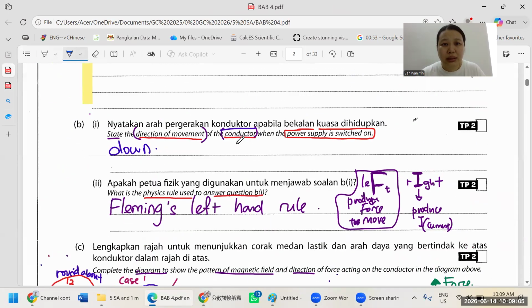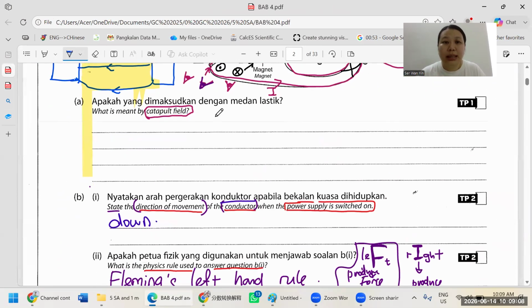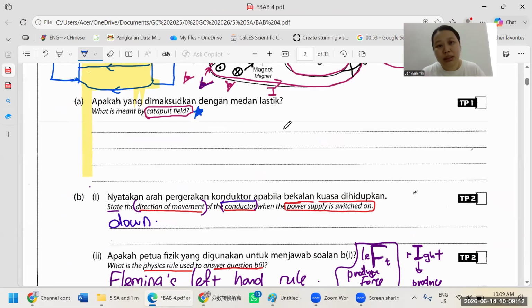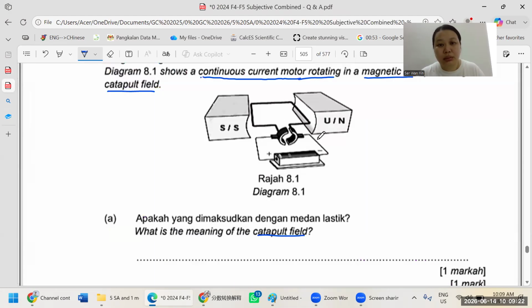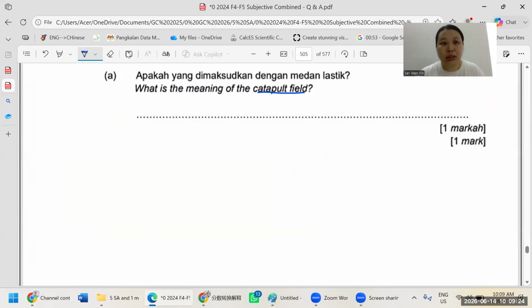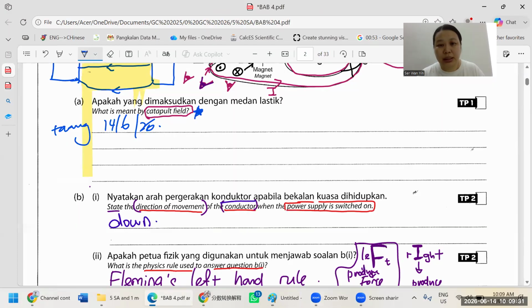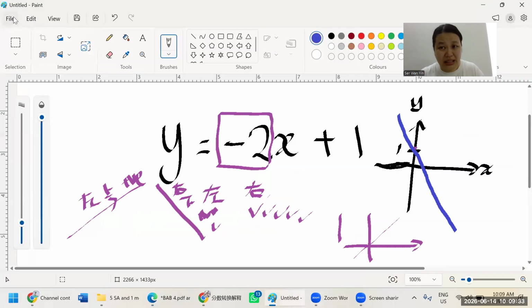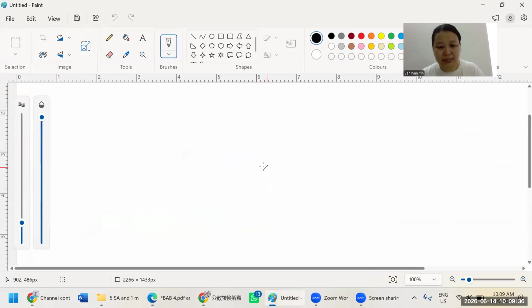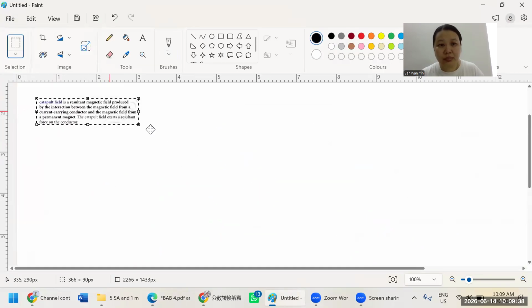Okay. Oh, I think I taught. I taught, I just didn't write here. Okay. So taught 14. Okay. So now catapult field is the. Now you all write already. If not, like I explain 3 minutes, you start to write. Okay.